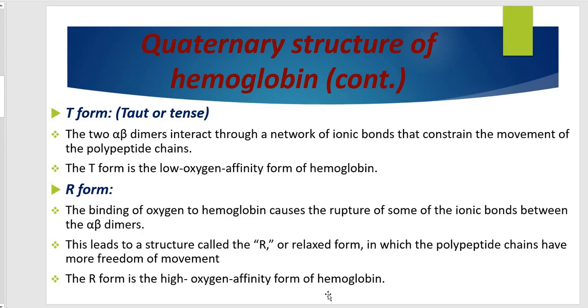The R form or relaxed form is the oxyhemoglobin. It has high oxygen affinity, in which binding of oxygen to hemoglobin causes rupture of some ionic and hydrogen bonds between alpha and beta dimers and leads to a structure which is relaxed. So it's called relaxed or R form.